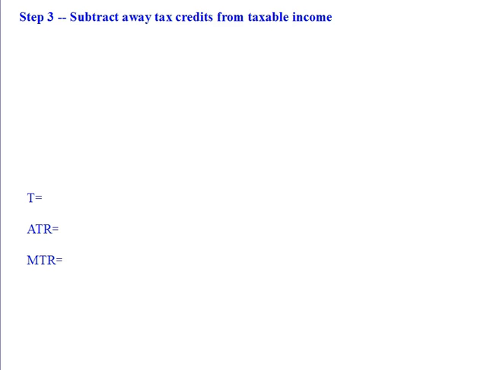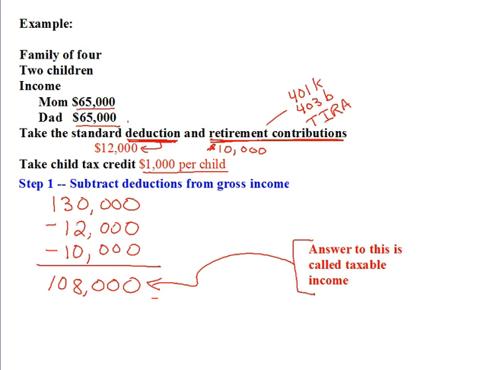So how do I do that? Well, I subtract away the tax credit. I take that $18,477.50 that I owed in taxes, and I subtract away the child tax credit. Now, remember the child tax credit, if I jump back here a couple screens, was $1,000 per child, and we have 2 children.